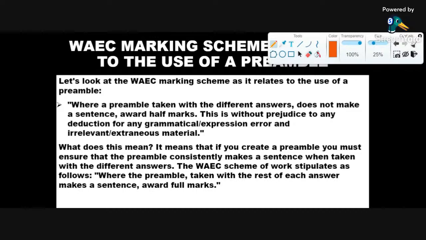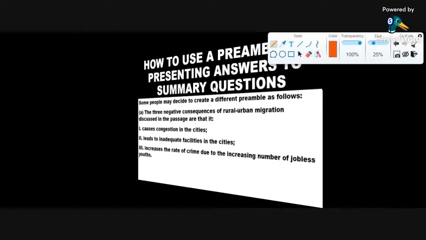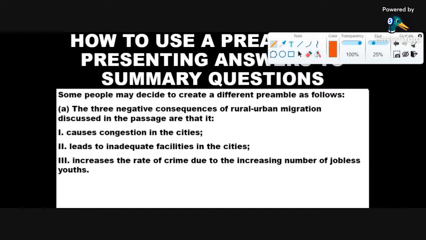All right. So the WAEC scheme stipulates as follows: where the preamble taken with the rest of each answer makes a sentence, award full marks. This again refers specifically to that particular type of preamble. Look at it here: the 3 negative consequences of rural-urban migration discussed in the passage are that it causes congestion in the cities.